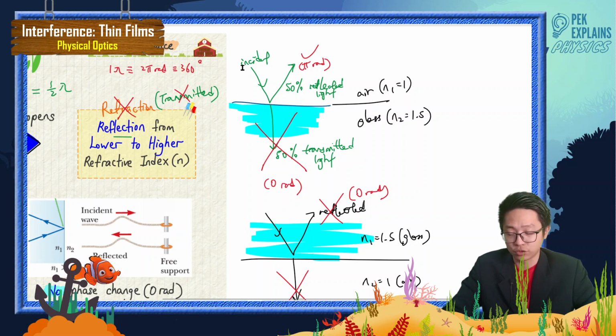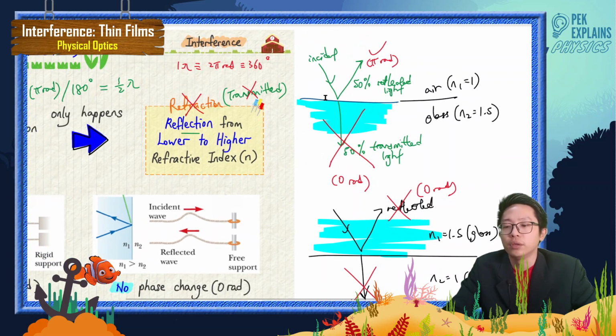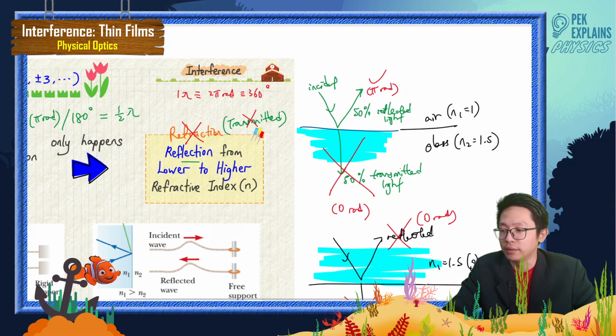That means the light is traveling from air to glass. Reflection gets pi radian phase change. But if the reflection happens from higher to lower refractive index, like this one, the light going from glass to air, reflection, no phase change also. So the phase change only happens for this part, for this part only.